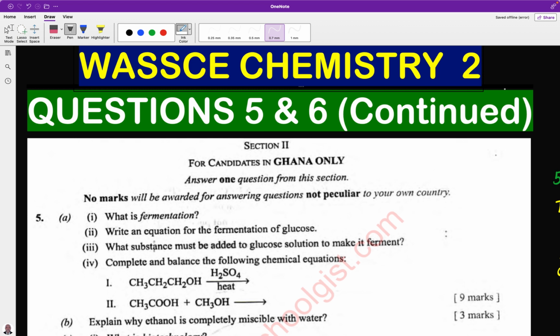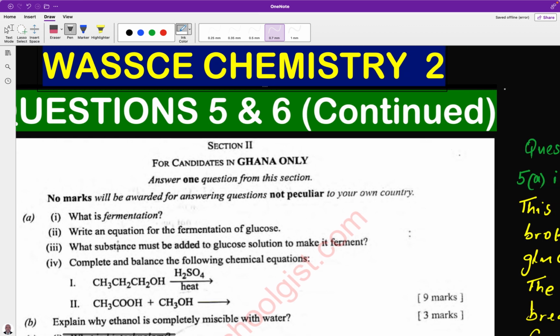This is carried out at a temperature of 37 degrees Celsius and under anaerobic conditions. So you need to give the brief definition and the condition under which fermentation takes place. If you have time, you can include the equation.